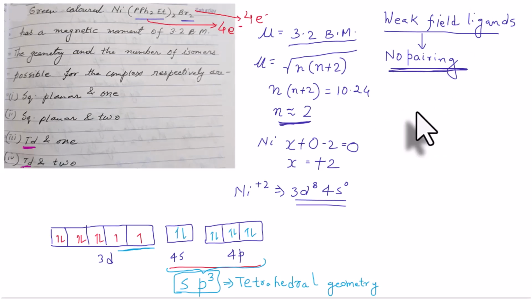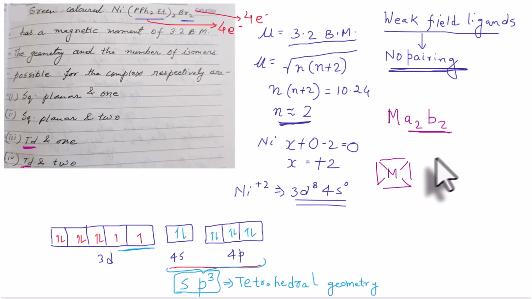So if we imagine the isomers of the type, we have two different ligands. The central metal ion is nickel, and then we have Ma2B2, two different ligands which are each repeated two times. So if you remember isomerism in coordination complexes, how can we arrange these ligands in the square planar form?